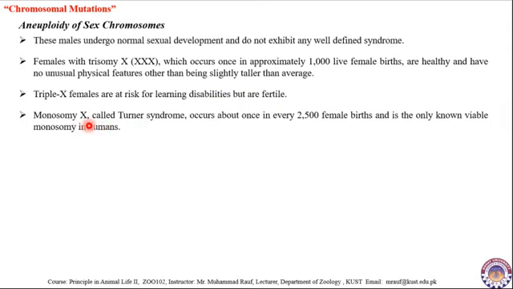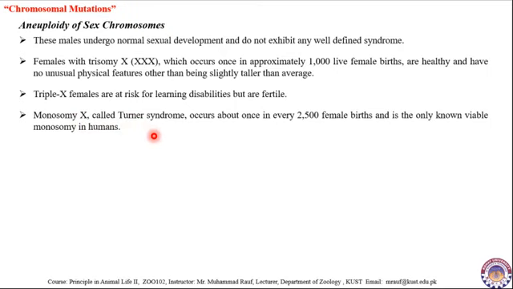Monosomy X. Now this is monosomy. Remember, Klinefelter syndrome was a trisomy in sex chromosomes where one extra copy was an X. Monosomy is a condition when one copy of the sex chromosome is missing. It is a 2n-1 condition, and the example is Turner syndrome.